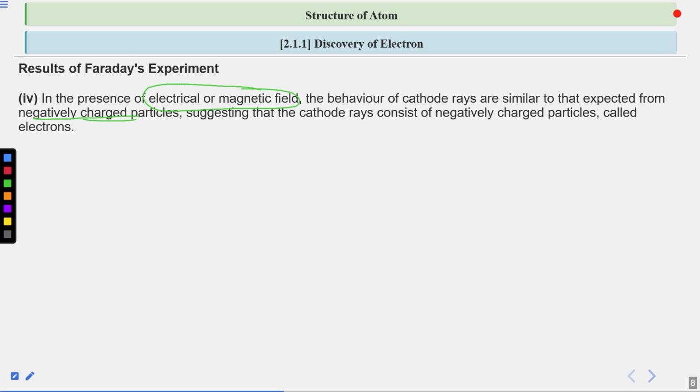The observations will clearly indicate that cathode rays are negatively charged, and we named the particles electrons. So electrons were present in that stream which was flowing through the vacuum.